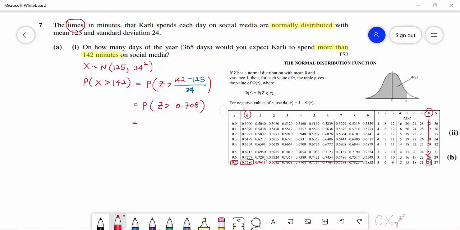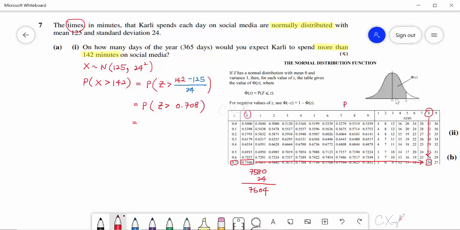So 708, what does this value mean? It means that you have to take 7580, then you add 24 at the last 2 digits. So 7580 plus 24, you will get 7604. Please take note that for this normal distribution table, they only give you the probability for smaller.